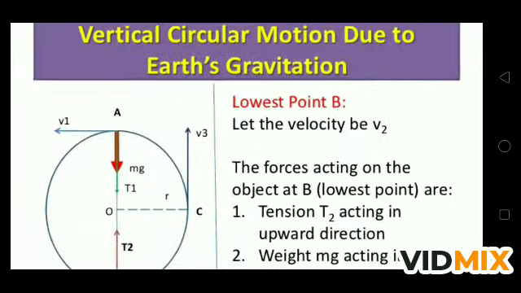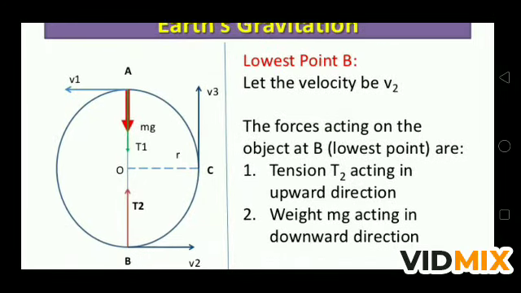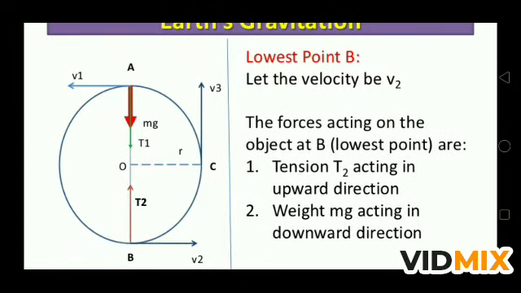Again, when the body is at the lowest point, the forces acting on the body are tension T2 towards the center, meaning upward direction, and the weight of the body acting downward towards the earth. Here the tension and weight are in opposite directions.